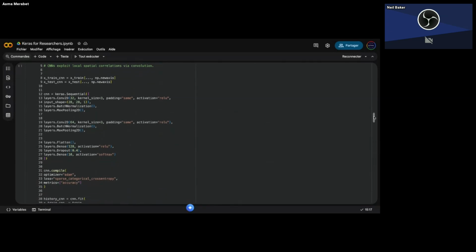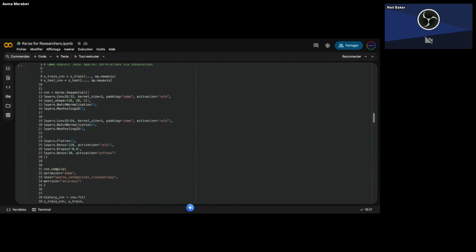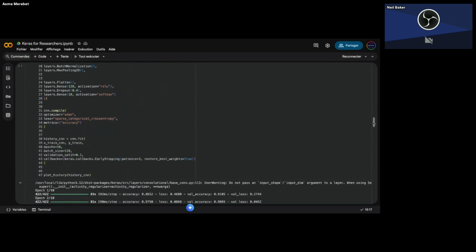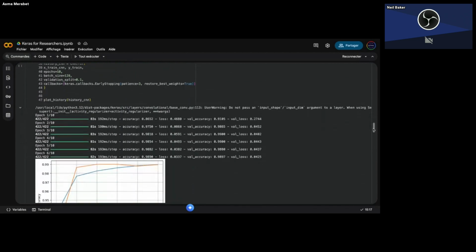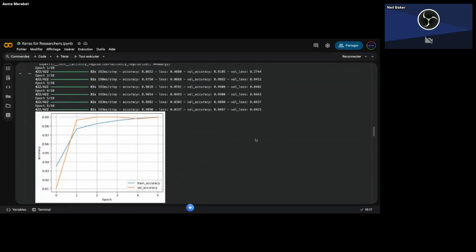In this architecture, we used the Conv2D, which are the layers, the pooling that reduces, and also we use the batch norm and the max pooling. So here we can do the analysis between those two models.